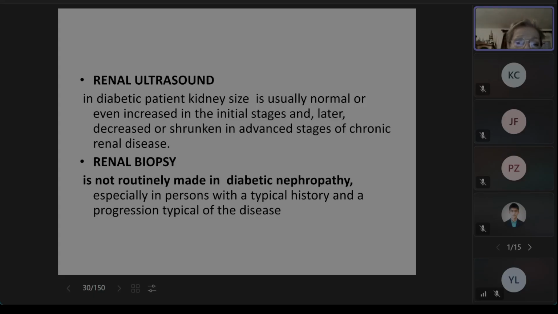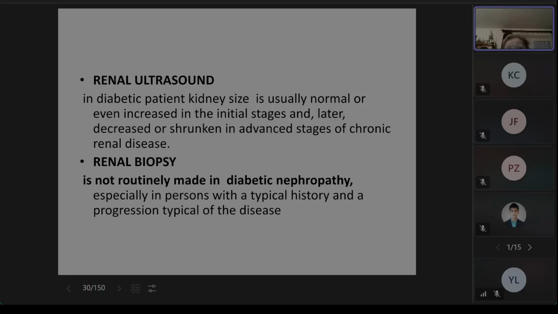If you perform the renal ultrasound examination, you will find that at the beginning of diabetic changes in patients, you can see the normal or even elevated size of the kidneys.